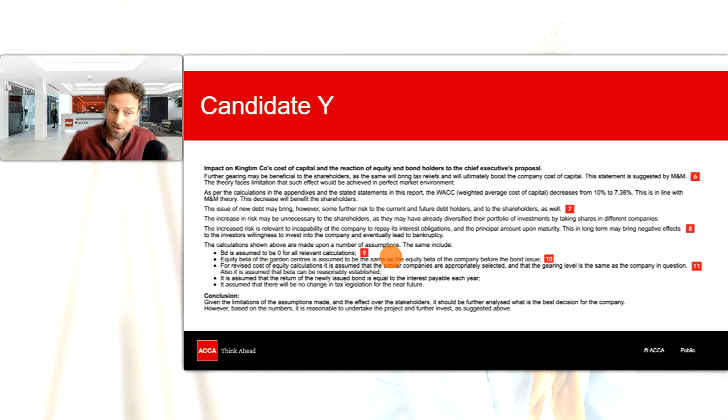First of all, they've done bullets, which, as I said earlier, often leads to not particularly in-depth answers. But I'd also recommend that this candidate challenge those assumptions more. So rather than just saying, it is assumed there'll be no change in the tax legislation for the near future, say why that is not valid. Go into a little bit more detail, and then they will potentially get a bit more credit.